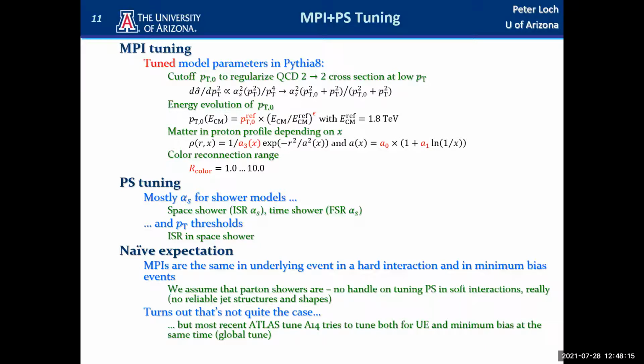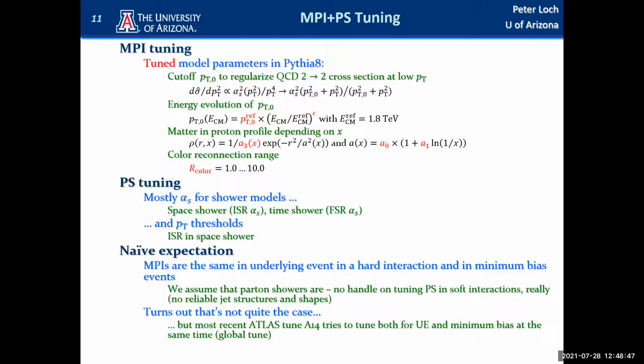The formula depends on the distance from the thrust axis and the momentum fraction that the parton is carrying. This has three parameters, actually a function. I could not find much documentation about A3 and what this function really looks like. So I know it's tuned, but I couldn't find out what is tuned inside. But for the function in the exponent, there are two parameters that are tuned when we do this.